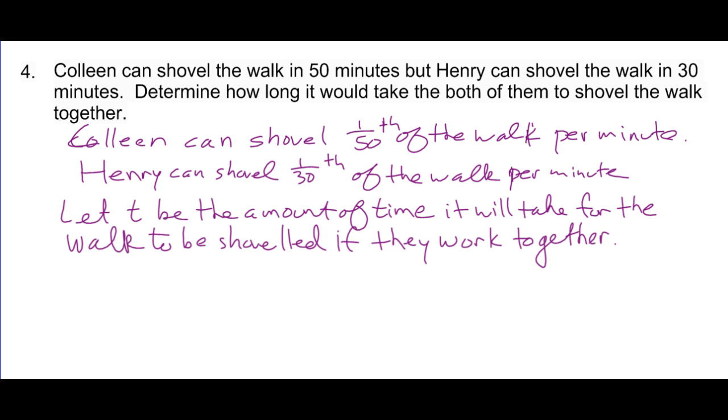So working together, how much of the walk can they do each minute? 1 over t. Colleen alone, 50 minutes, 1/50th of the walk. Henry alone, 30 minutes, 1/30th of the walk. Working together, we don't know, so that's our unknown t, the amount of time.